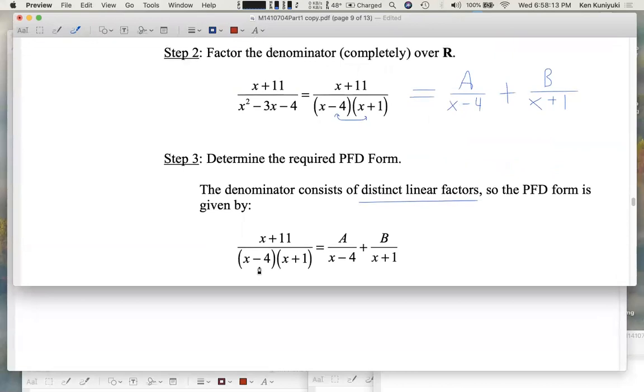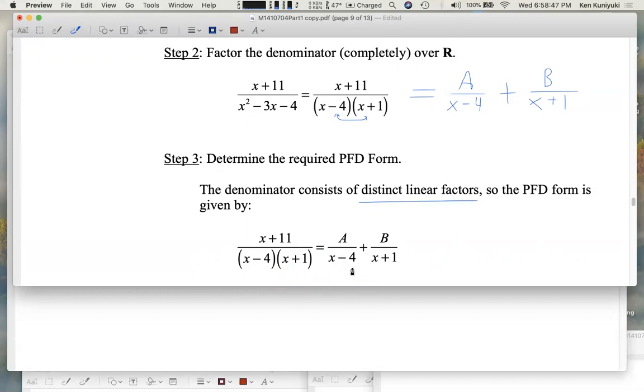Now, your friend might have switched the factors. And that's fine. You can switch the denominators down here. And if just the denominators are switched, that's fine. But remember that your value for A will be your friend's value for B, and your value for B will be your friend's value for A. That's okay as long as your work is consistent with what you're doing and your friend's work is consistent with what your friend is doing.